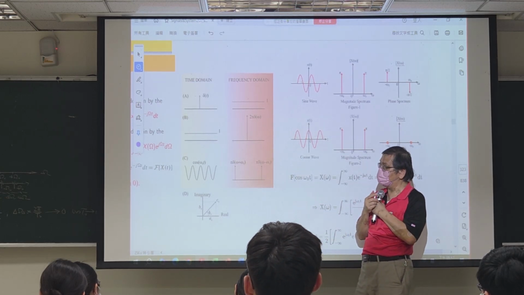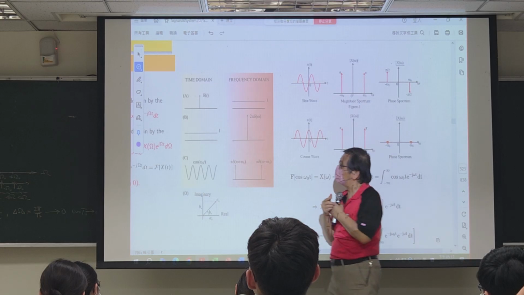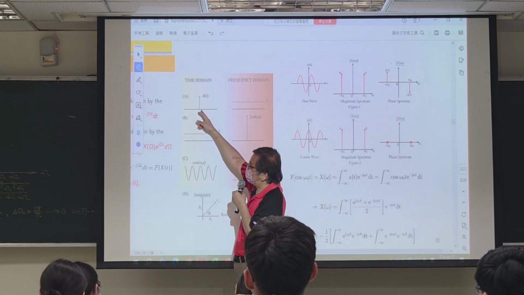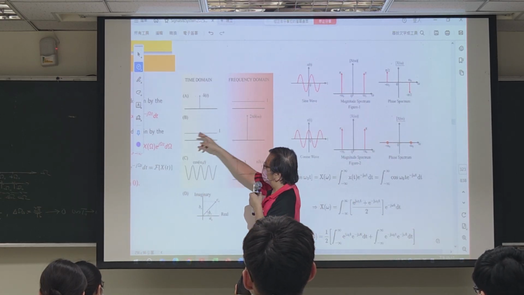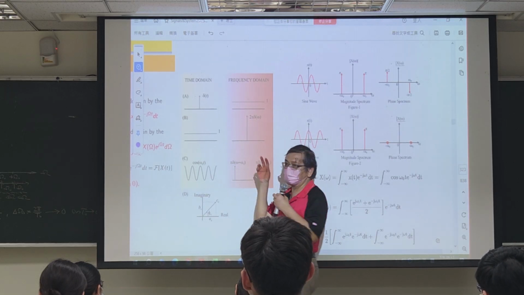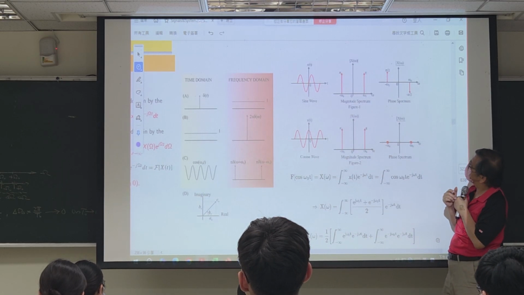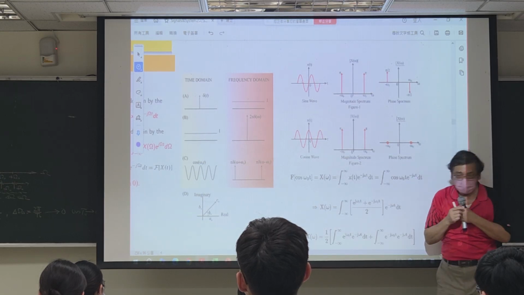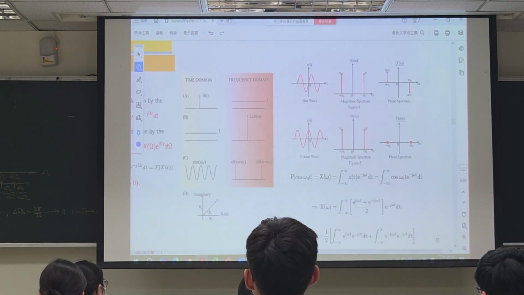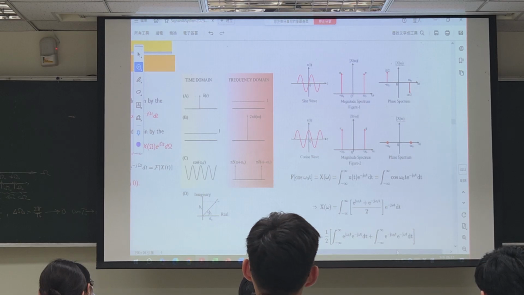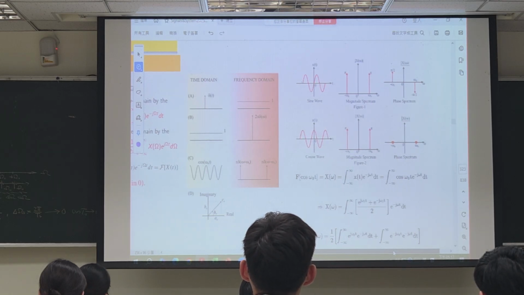Very, very interesting. A delta function mapped to a constant. A constant mapped to a delta function. So that's a duality here. You will see lots of this kind of phenomena in the Fourier transform. That's a very interesting result.